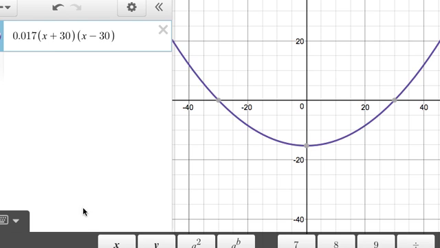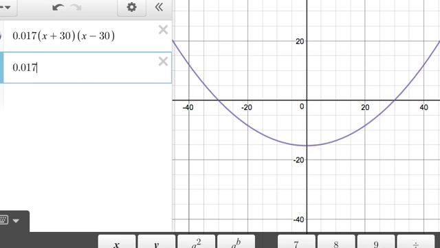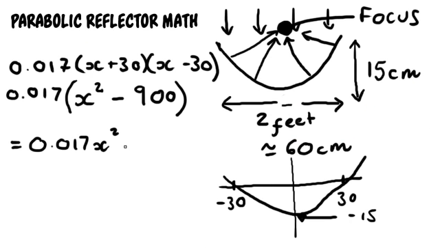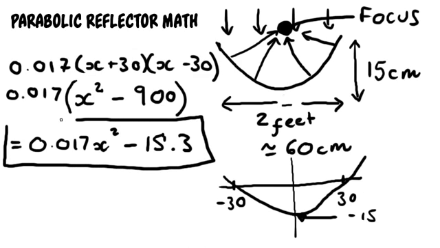We can go back to Desmos, a new line, 0.017 multiplied by 900, of course, is 15.3. No surprise really that it's the 15.3 from the vertex of my parabola. Minus 15.3. And that's the equation that I'm going to use to describe the parabola for my parabolic bowl.